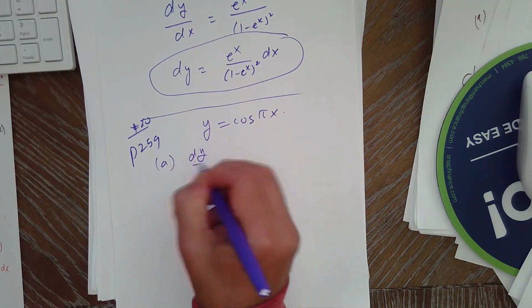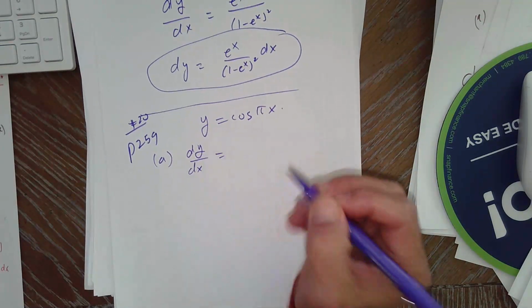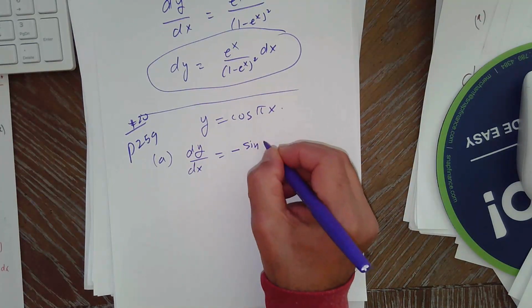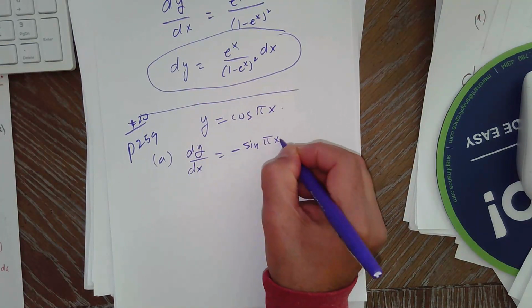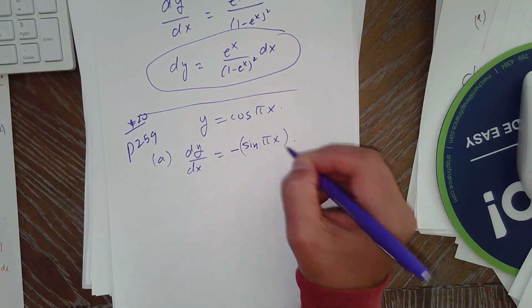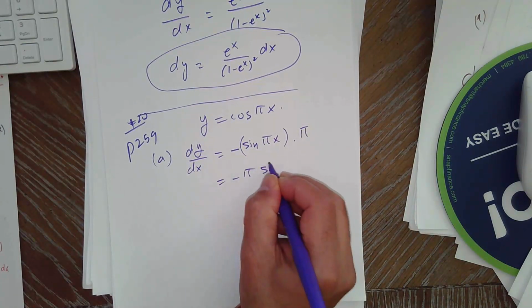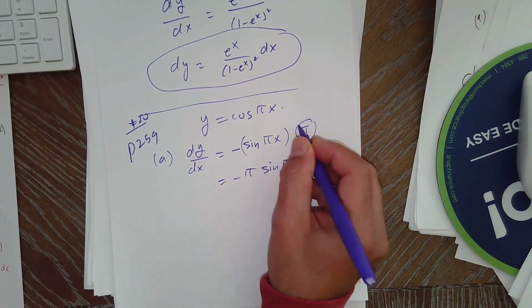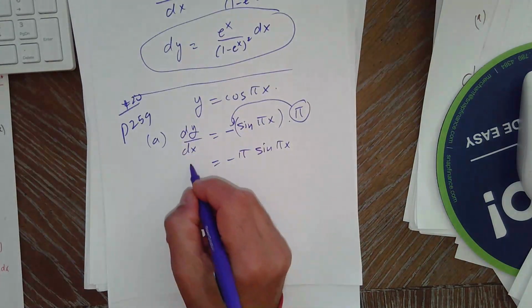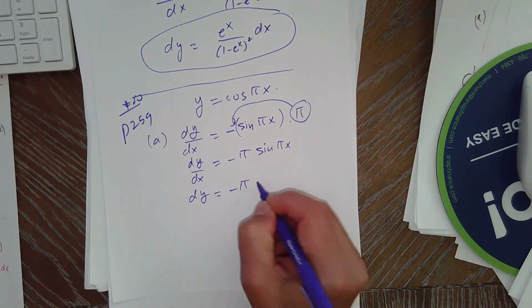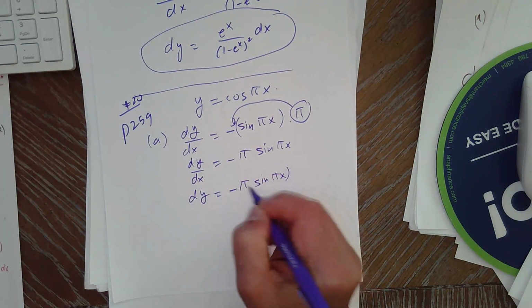Dy by dx is the derivative of cosine u, which is negative sine u, which is pi x, times the derivative of pi x, which is pi, so it's negative pi sine pi x. I always put the number in front of the sine, so that's dy by dx. So dy is negative pi sine pi x dx.